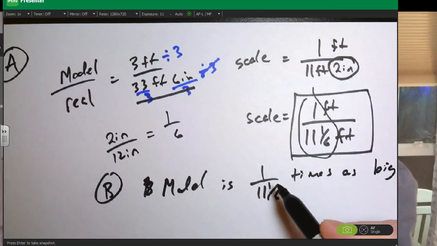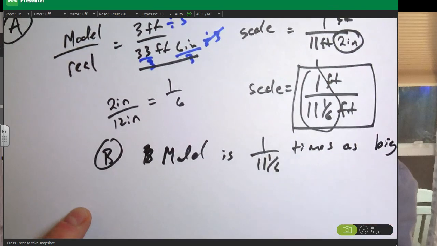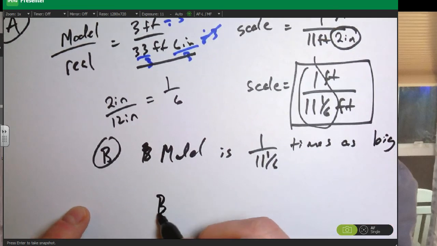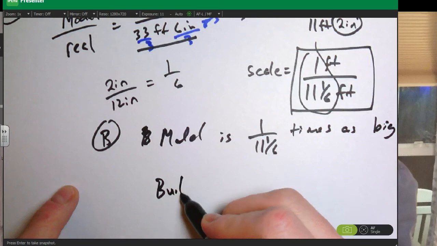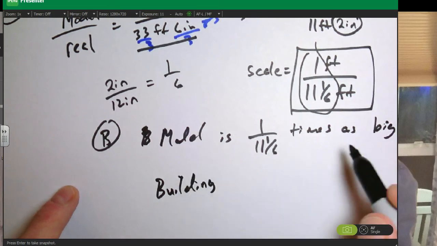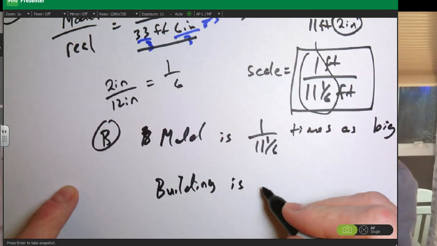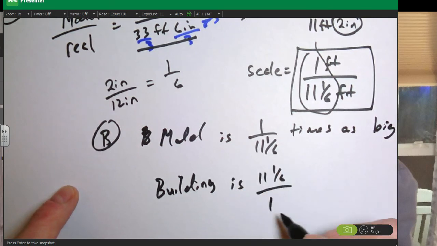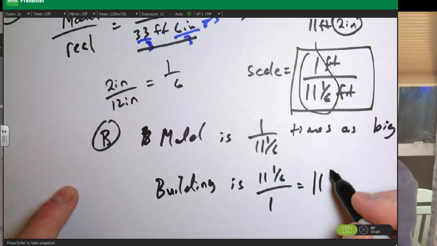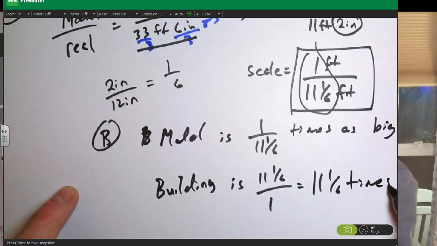Since this is less than 1, it means it's a lot smaller. Now the other question is, what is the building? Well, the real one is just the reciprocal of this. It's flipped. It's 11 and 1/6 times to 1, which is really 11 and 1/6 times as big.